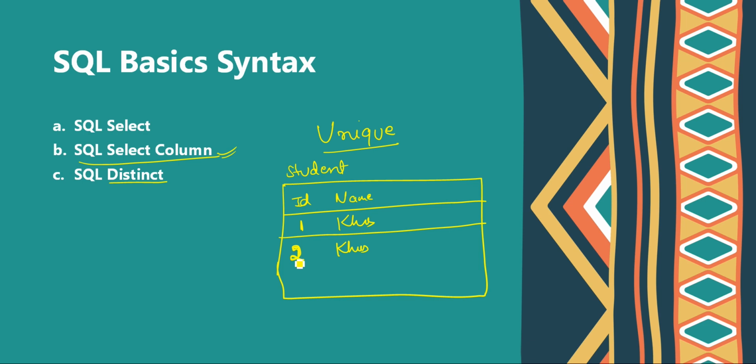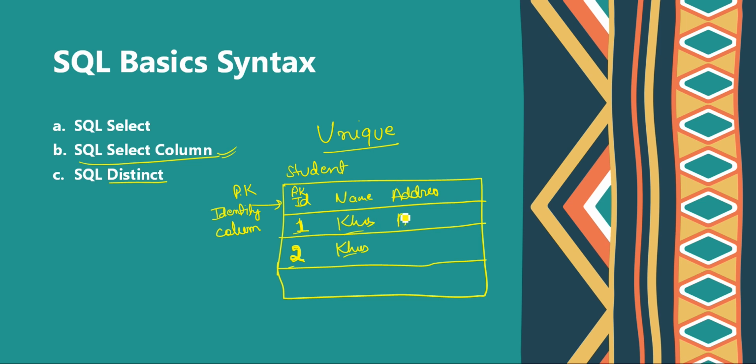Or maybe ID is 2, because it is a primary key and a primary key cannot contain duplicate values, right? But the name is the same and all the other things are also the same. This is because this primary key is an identity column, right? We have already learned about this identity column. It is going to increment the value and set the value automatically. I don't need to specify.